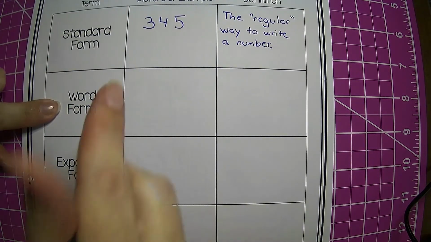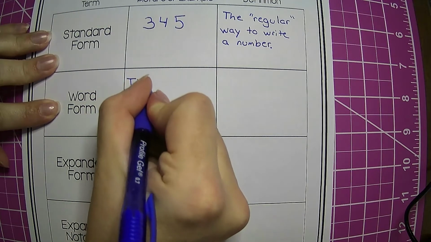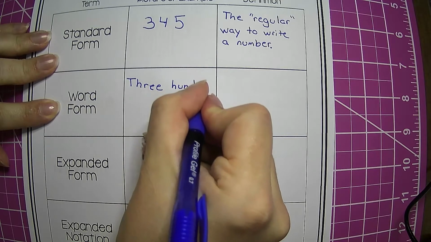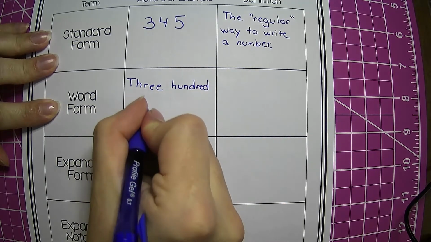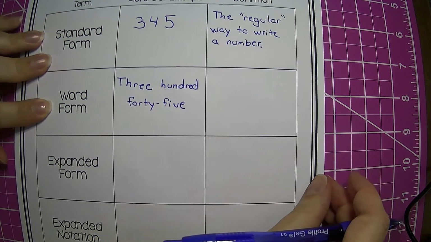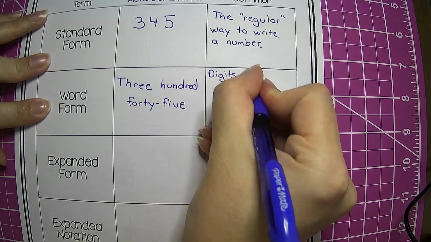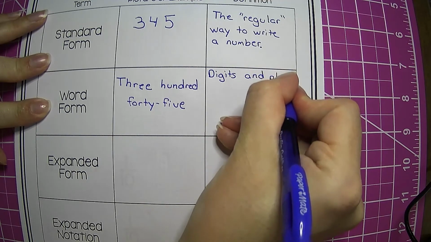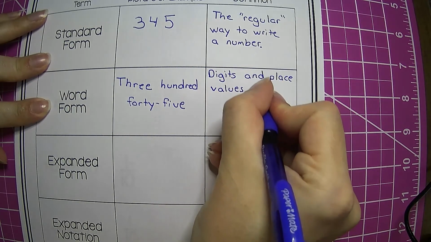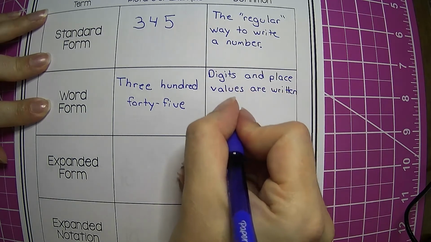Okay, so next we have word form. Word form is when you spell it out. So using that same number, 345, I'm going to say it in words. Our digits and place values are written in words.